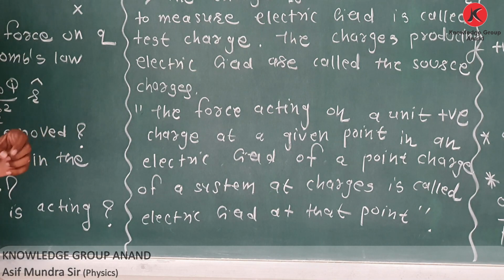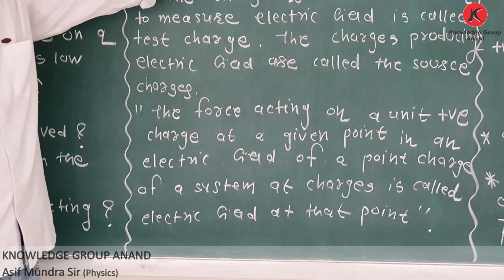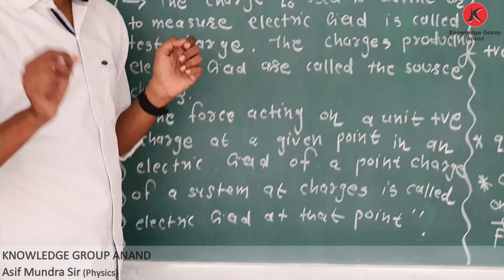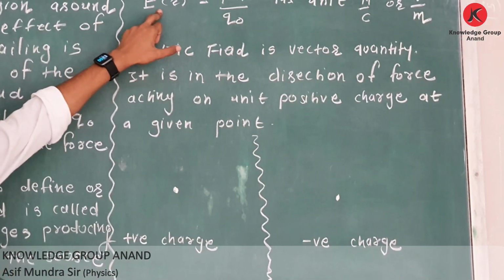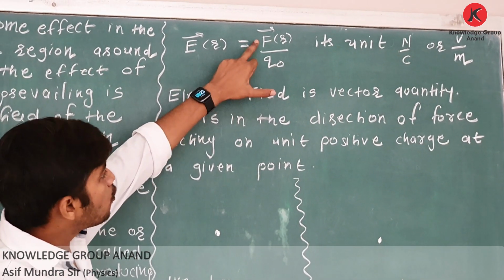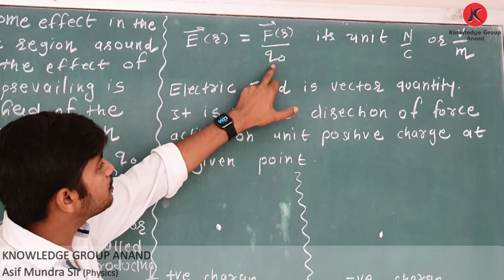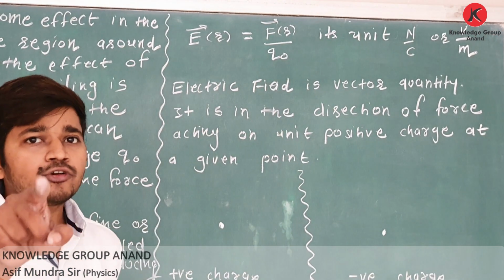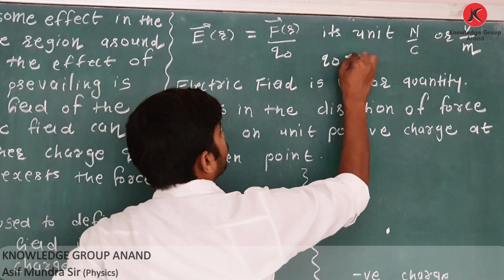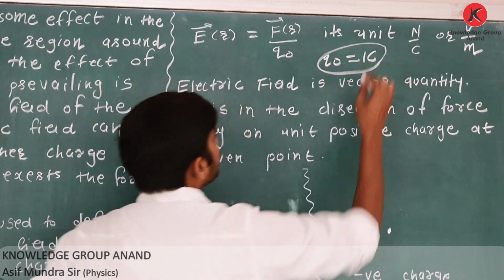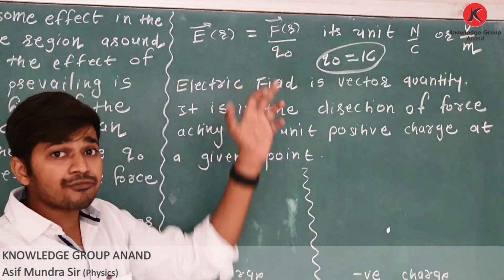If you see the equation, from the equation you can easily write a statement. See, electric field is defined as force acting on unit positive charge. If q0 is equal to 1 coulomb, if you take q0 is equal to 1 coulomb, okay, then see, E_r is equal to F_r.